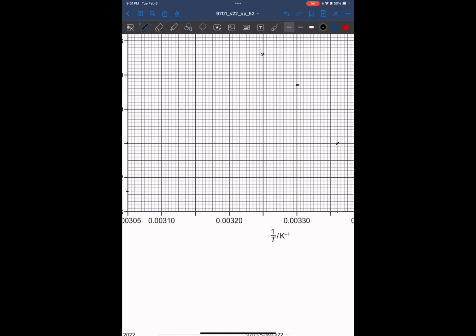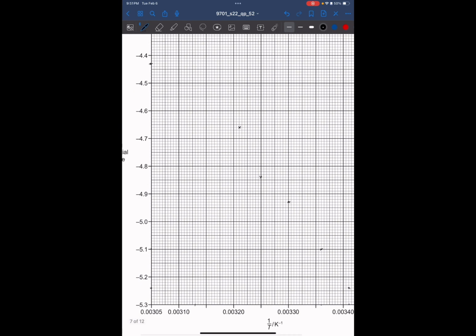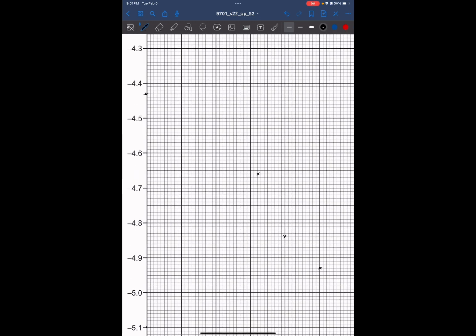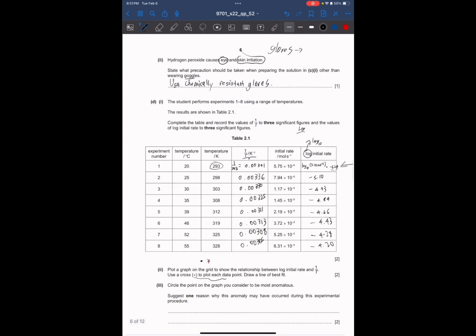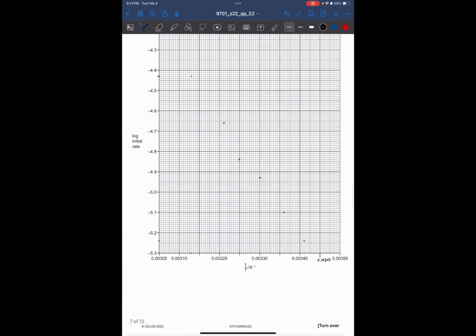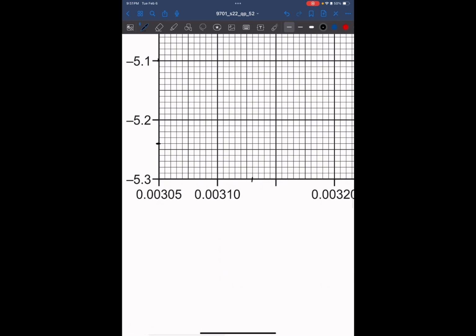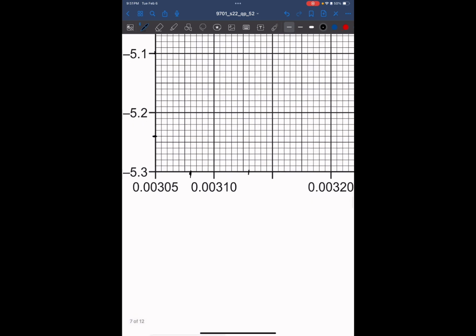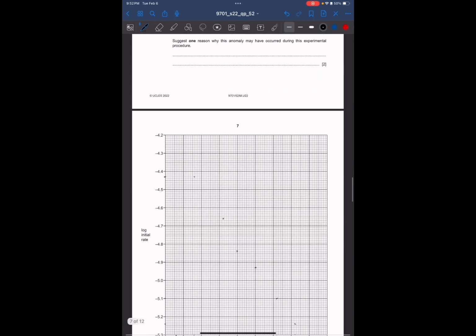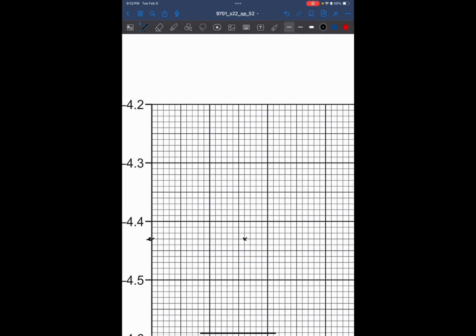0.00313 is gonna be here. So it's gonna be the 6th line. Okay, there we go. Just a couple more. 3.08 is gonna be here, and 4.28 is gonna be here.